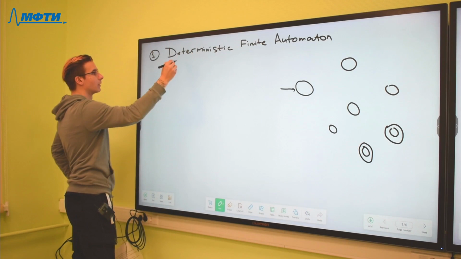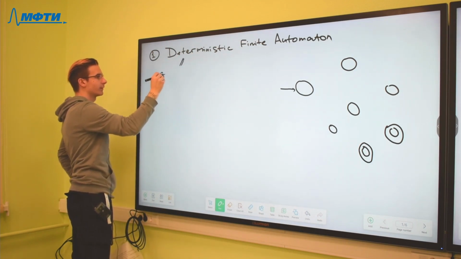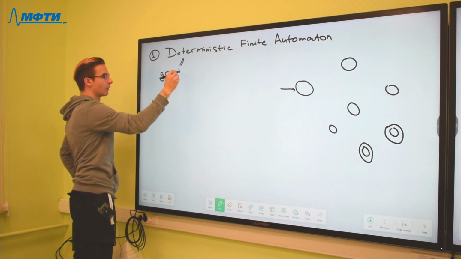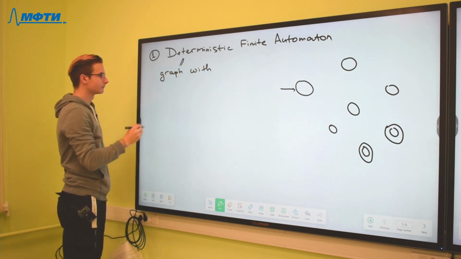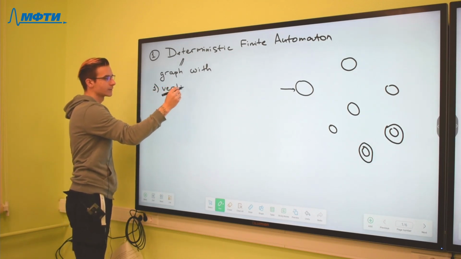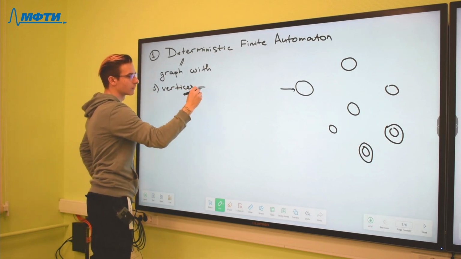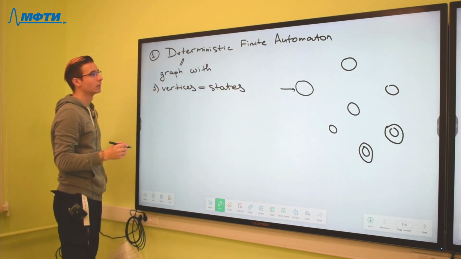So it is equal to a graph with vertices equal to the states of the automaton.